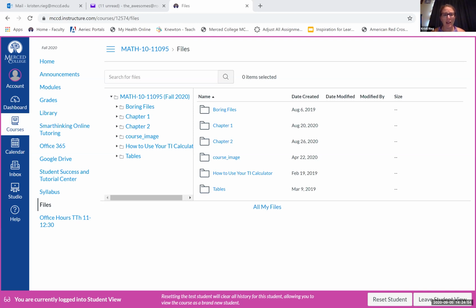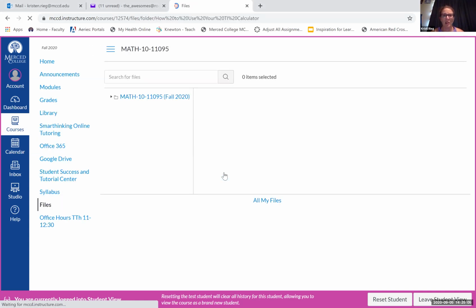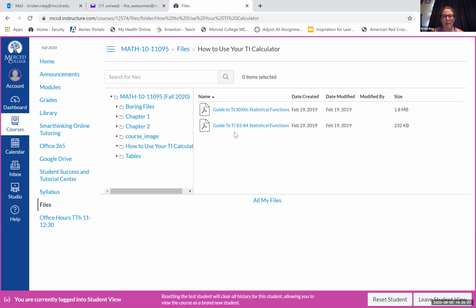So I have this files tab, just in the Math 10 course. If you click on how to use your TI, notice TI, really don't like Casios, but TIs are fine. The bottom one, most graphing calculators will fit in there, the TI 83 and 84. This is also a popular one, the 30XIIS.